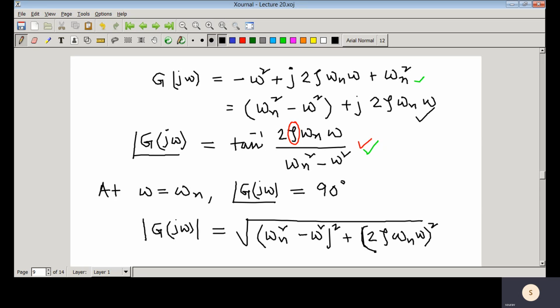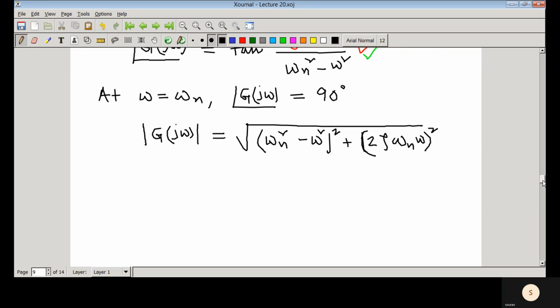So here also, if we consider the corner frequency, say omega equal to omega n, what would be the magnitude?